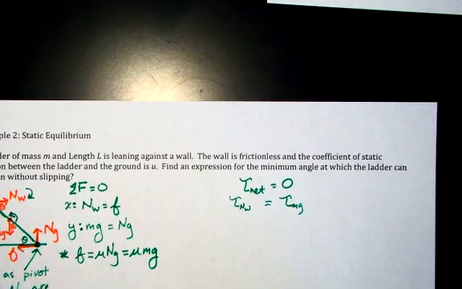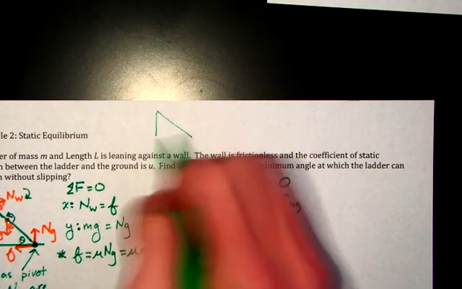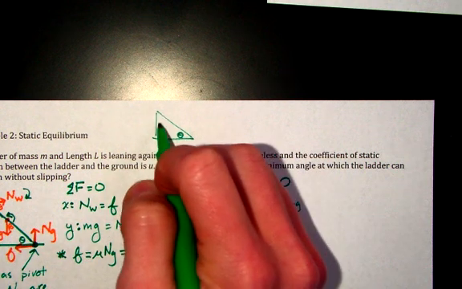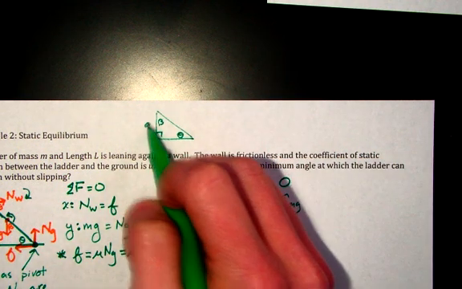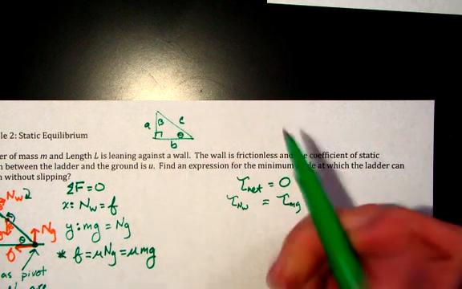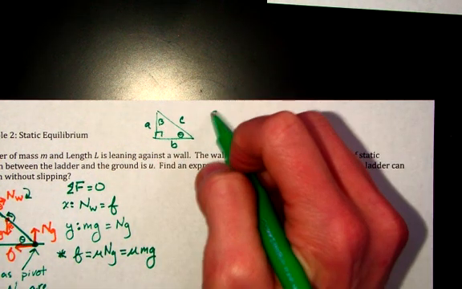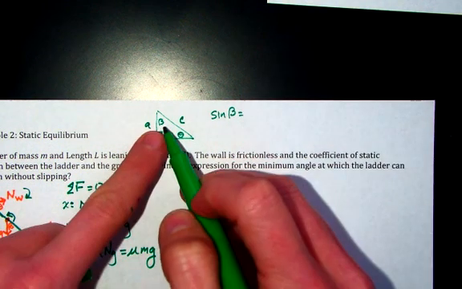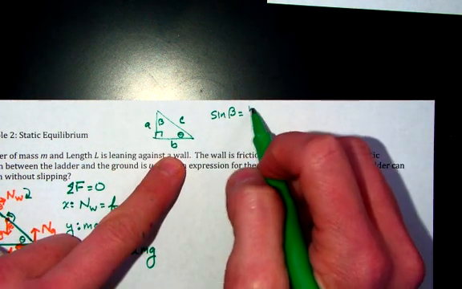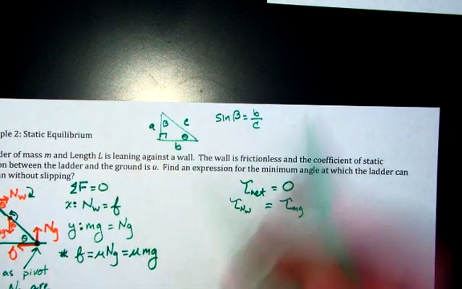But let me show you guys something for a second. This is a little bit of trig review. If this is my triangle, and I have theta and beta, and I have a right triangle, I'm going to call the sides A, B, and C. Now we're trying to solve for beta, and I know that sine of beta equals B over C. Everybody agree? So opposite over hypotenuse. Now watch this.